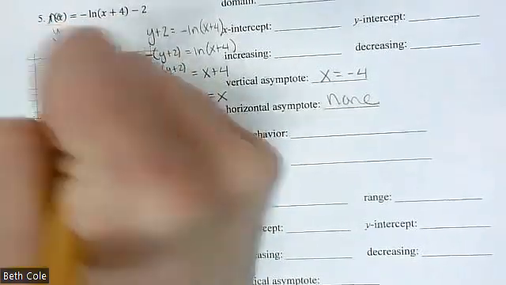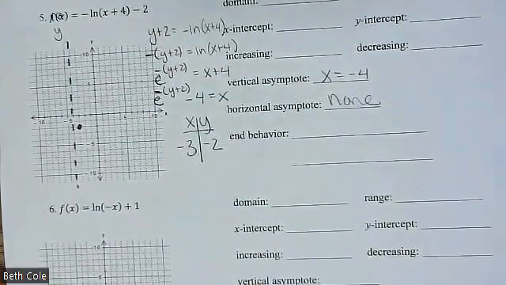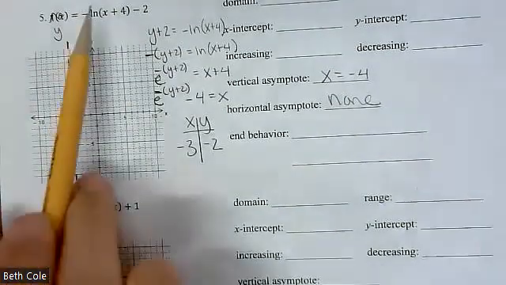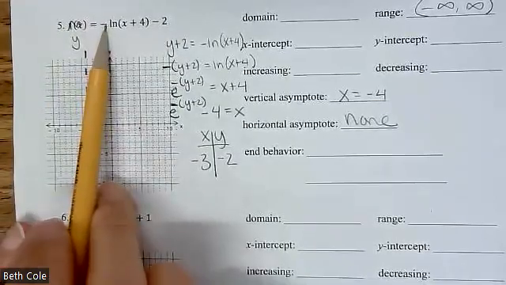And then here's where everybody looks at me and goes, Miss Cole, now what? We have 1 point and an invisible line. I totally get it, 100%. You have a 50-50 shot. The graph either goes up or down. So you look at the original equation. Do you see a reflection in here? Do you see that negative?